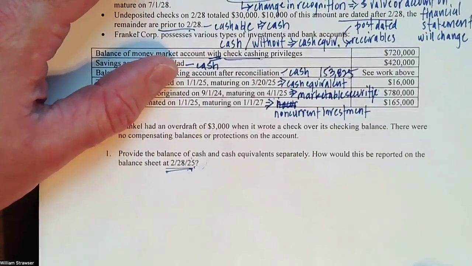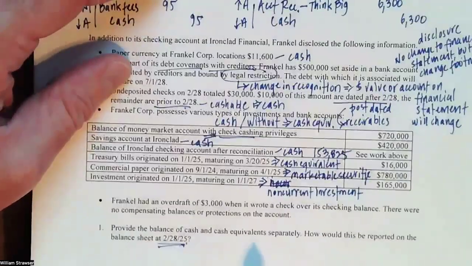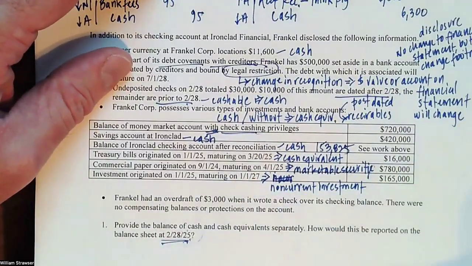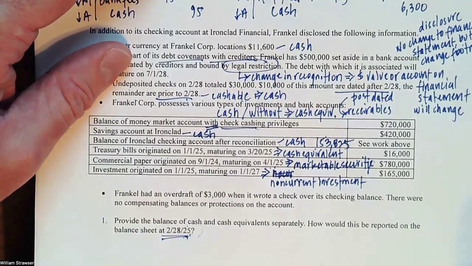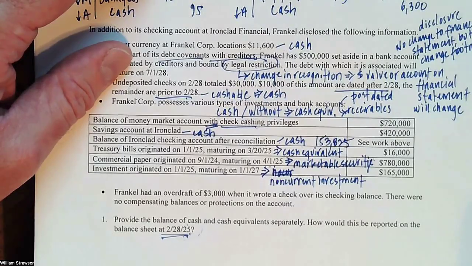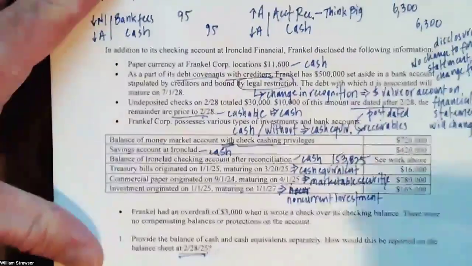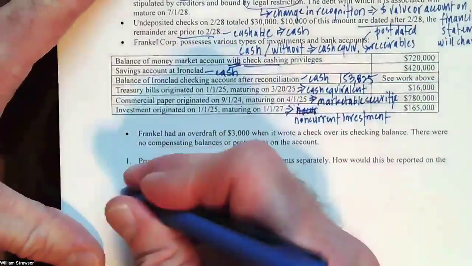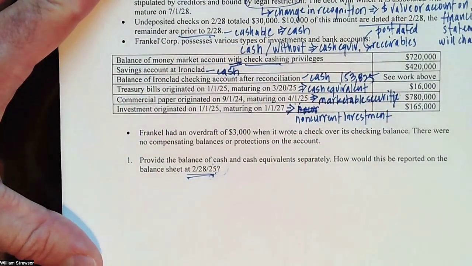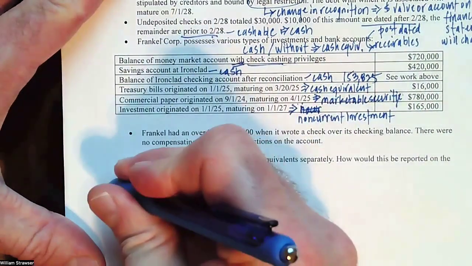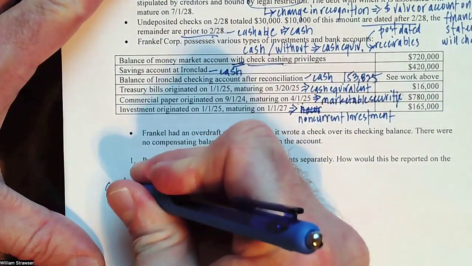All right. So now we just need to separate these out and determine how they would be reported on the balance sheet. I would just create a holding spot for all of my cash accounts, and one for my cash equivalents, which we didn't have many of this go around.